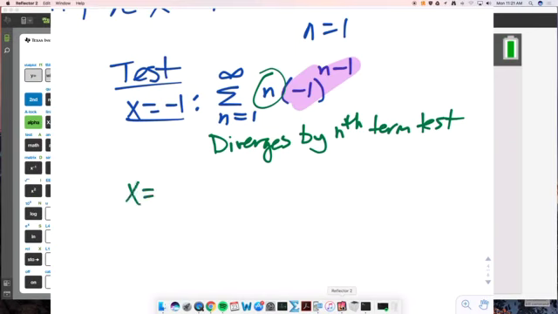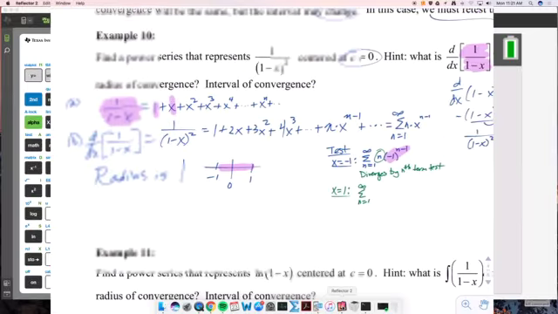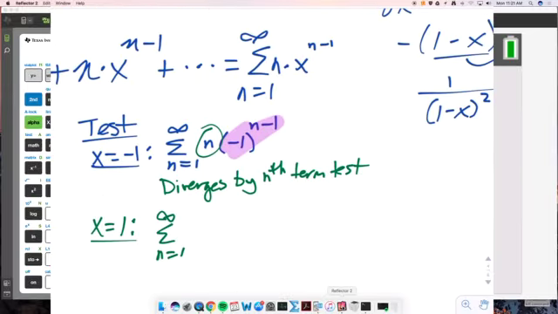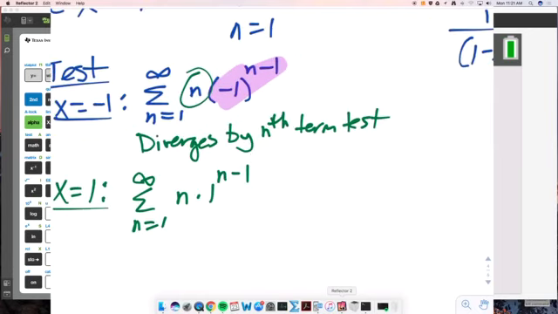Let's test the next endpoint, x equals positive 1. You're getting sigma from n equals 1 to infinity. Now you're plugging it in, and you get n times 1 to the n minus 1. What happens with that? 1 to any power is 1, so it is going to be 1 plus 2 plus 3. This also diverges by what?